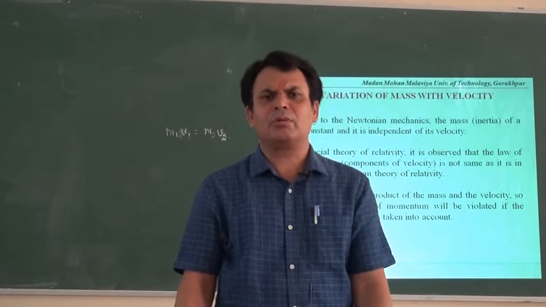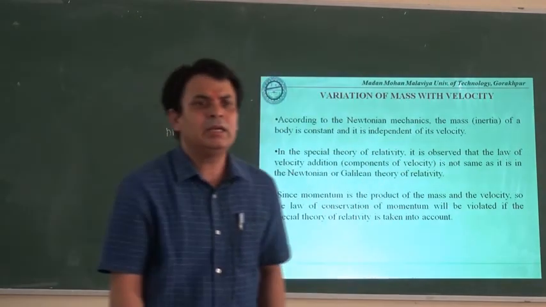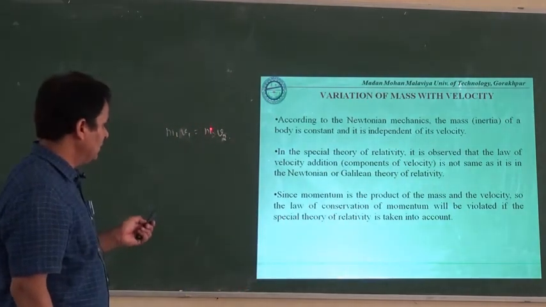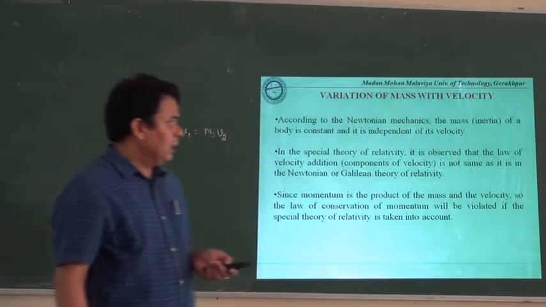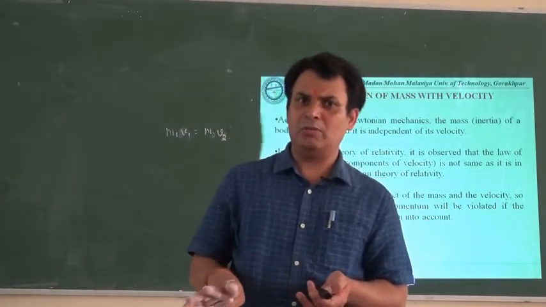If anybody wishes to preserve this law of conservation of momentum, then he or she has to take care of what will happen with the mass of that particular body, and the mass has to be changed according to the change in velocity.